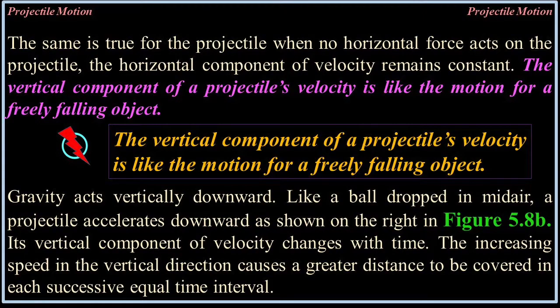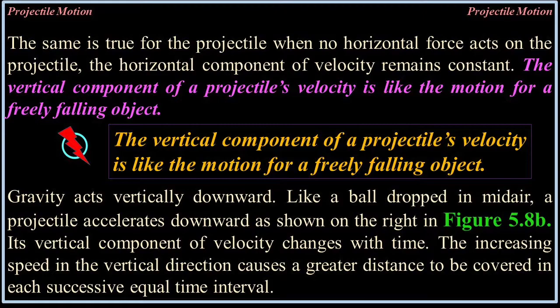The vertical component of a projectile's velocity is like the motion of a freely falling object. Gravity acts vertically downward, like a ball dropped in midair. A projectile accelerates downward, as shown on the right in figure 5.8b. Its vertical component of velocity changes with time.